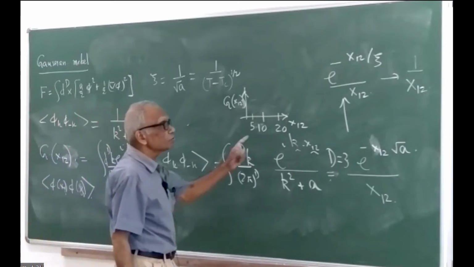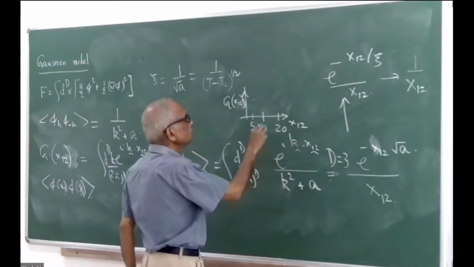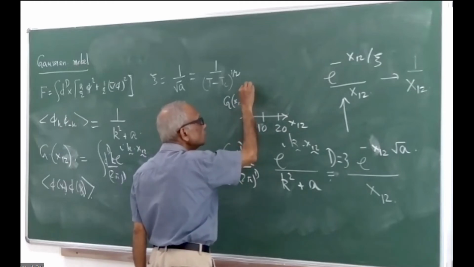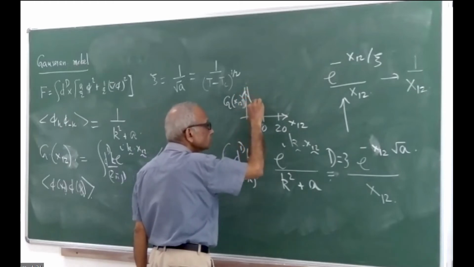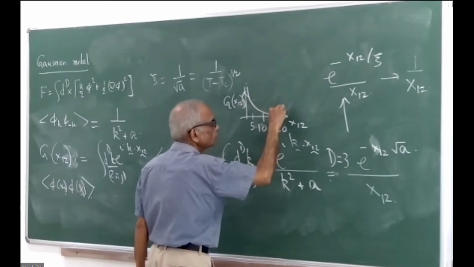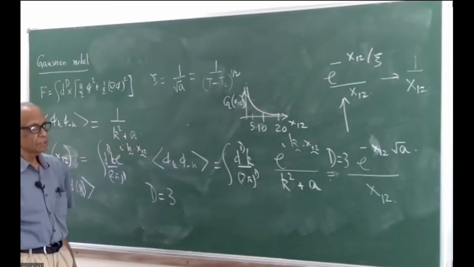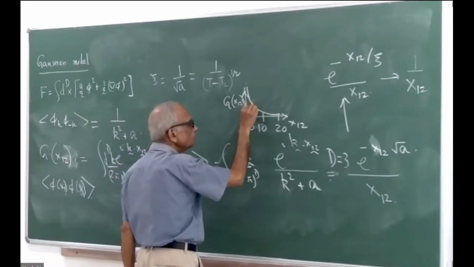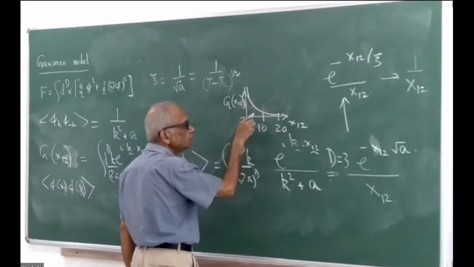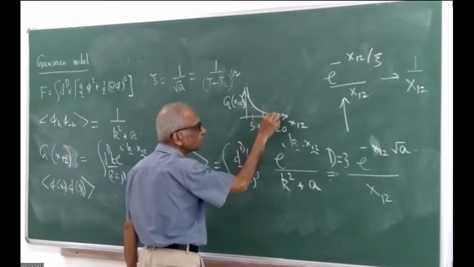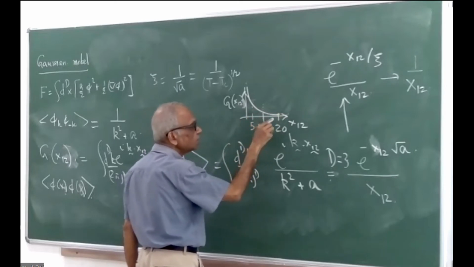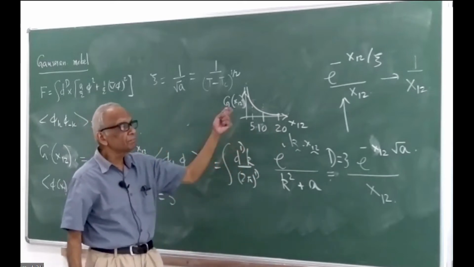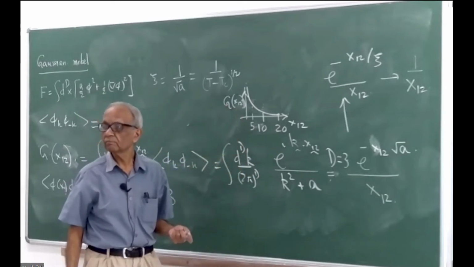If this is not 0, then you notice that the function drops like this, which means that between 5 and 10, it drops by a certain factor, but between 10 and 20, which is also a factor of 2, it drops by a completely different factor.